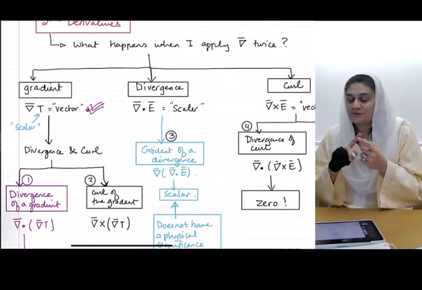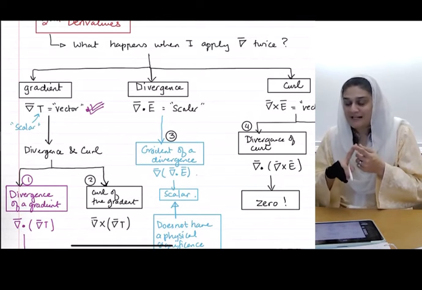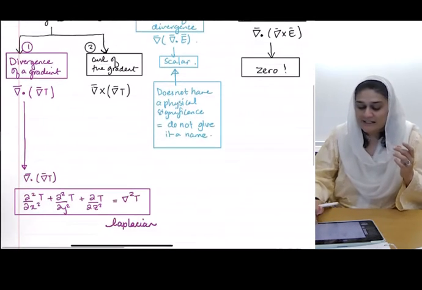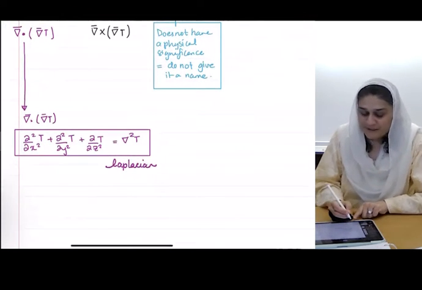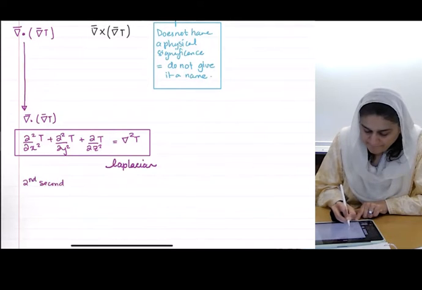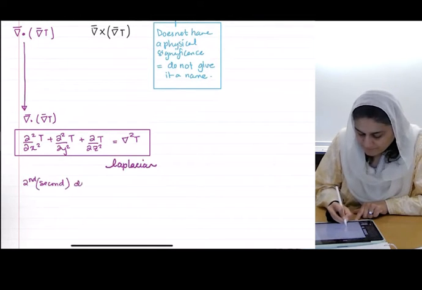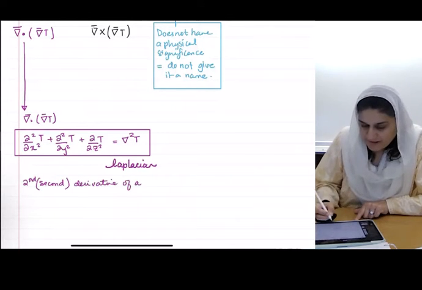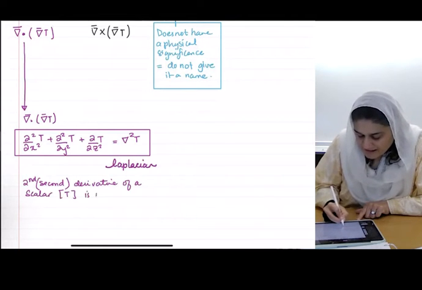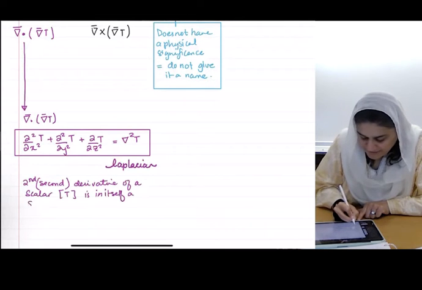Here, what we discover is that the second derivative of a scalar T is in itself a scalar.